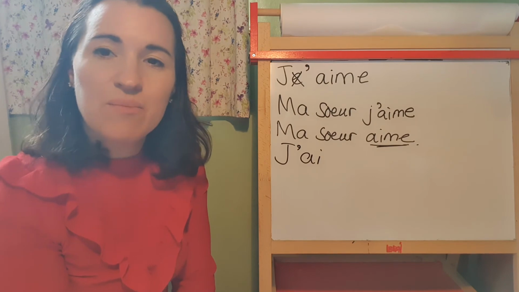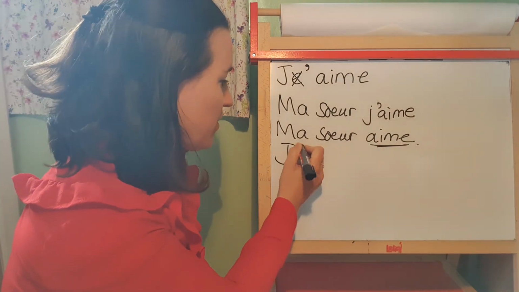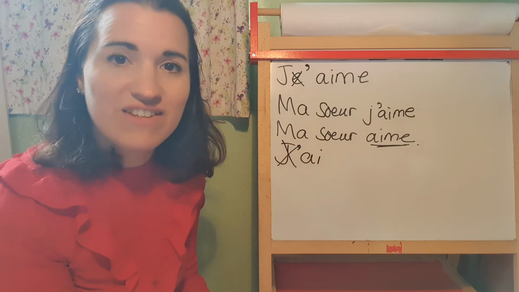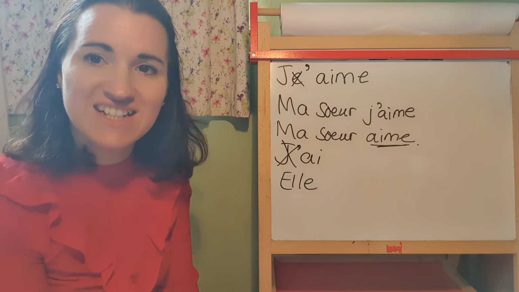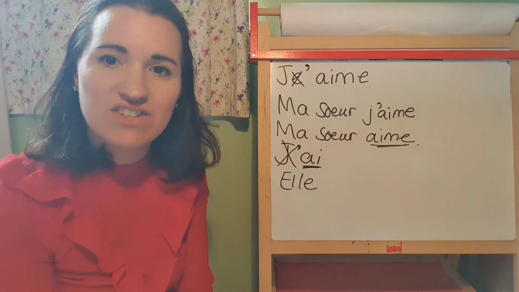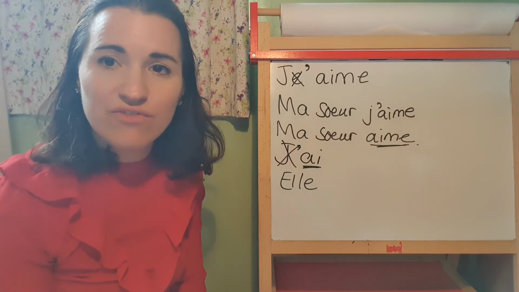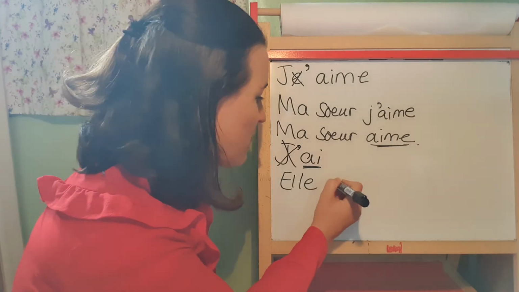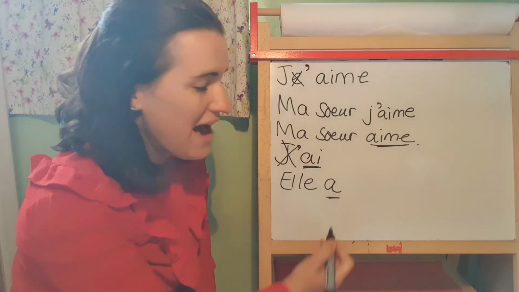But if we want to say my sister has or she has, we're going to get rid of the je. Obviously, we don't need to say I, so replace it with a different subject pronoun, she. But also our verb is going to change as well. This is an irregular verb, avoir, and the il, elle form is different to the je form. So il or elle a, he or she has.